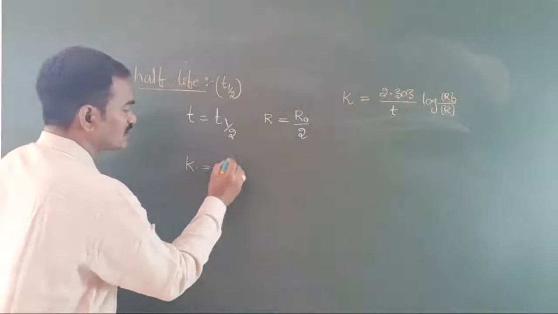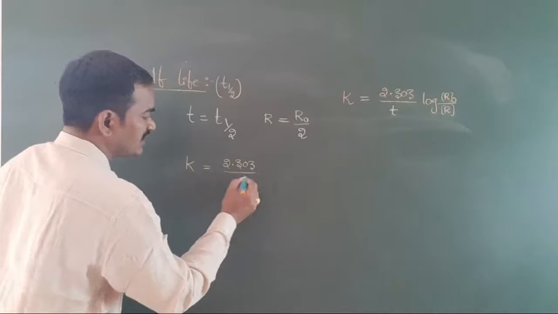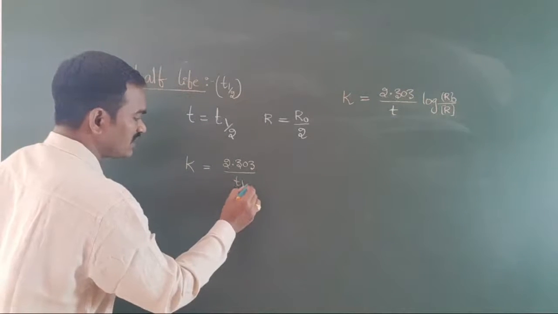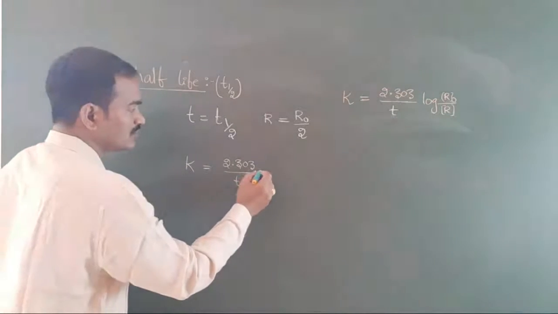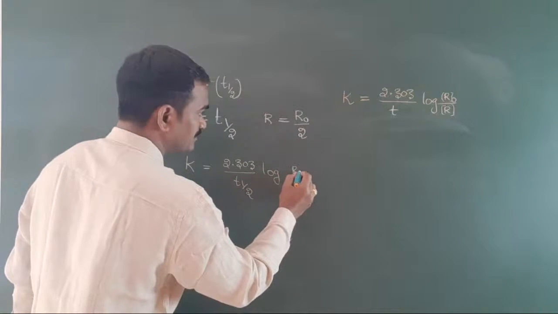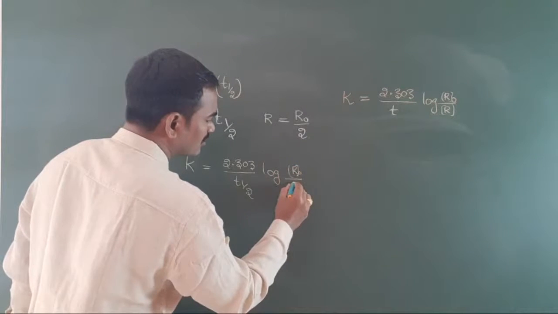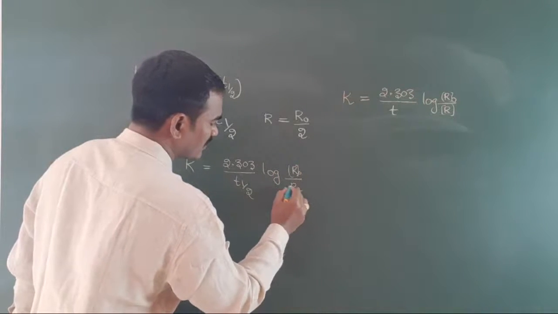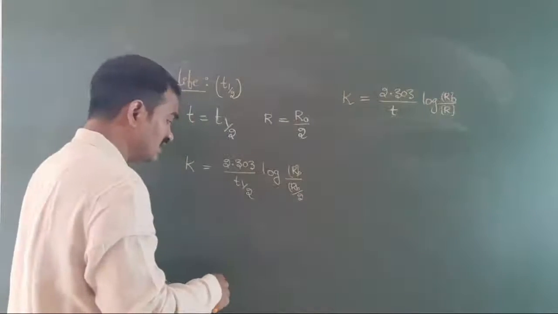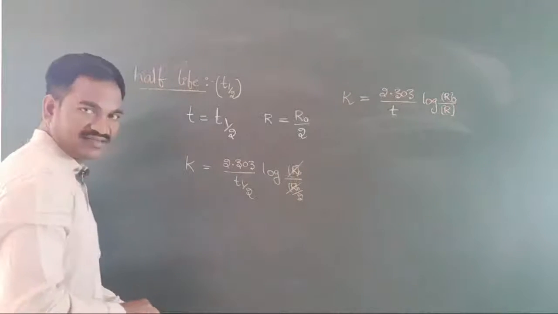K is equal to 2.303 divided by t place. What do we have to substitute here? That is t half into log of R naught by R, that is R naught by 2. R naught gets cancelled.